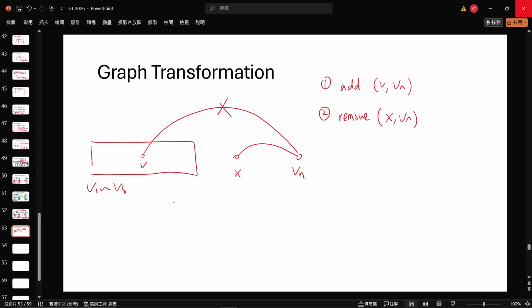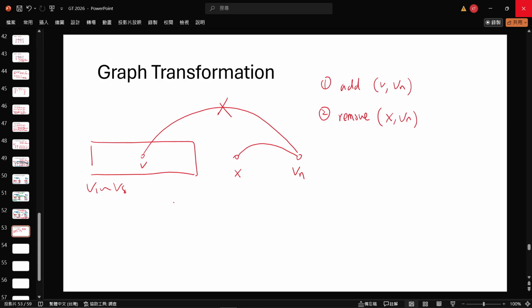We don't have any choice. We must do these two steps in order to make sure that Vn is adjacent to all the vertices here, and Vn is not adjacent to any vertices outside this box. So we have to do these two steps.